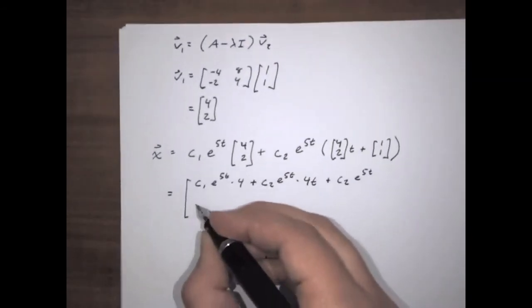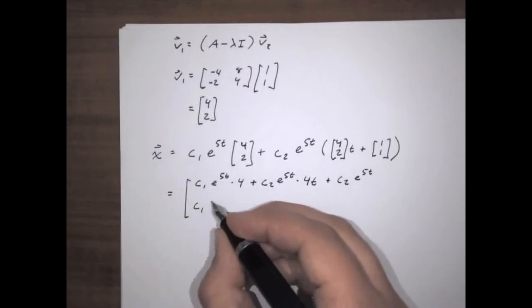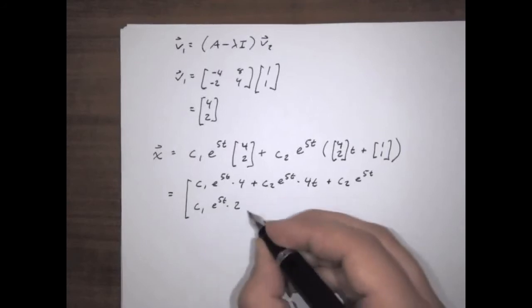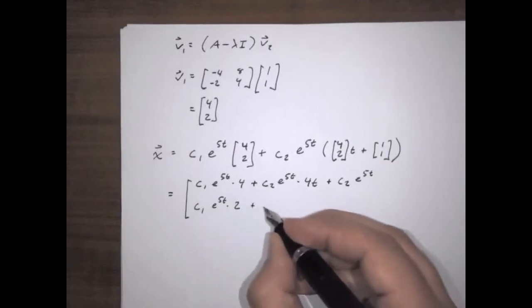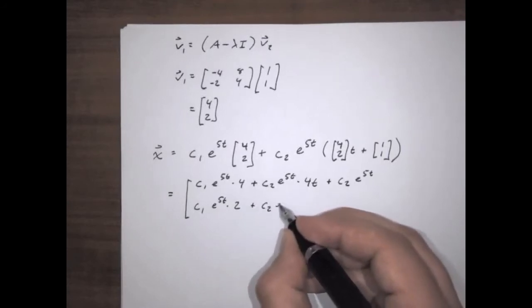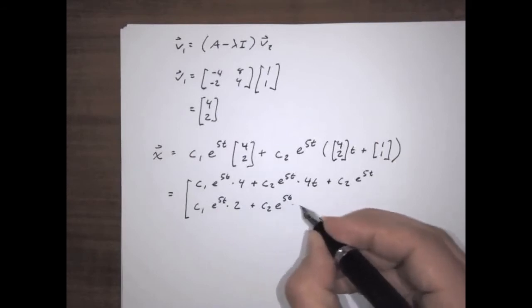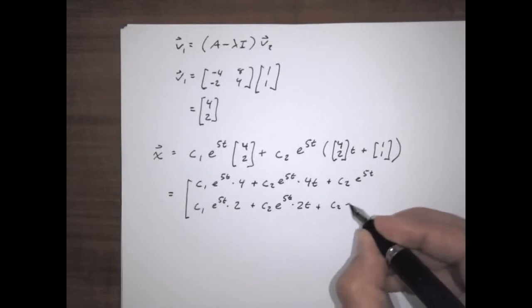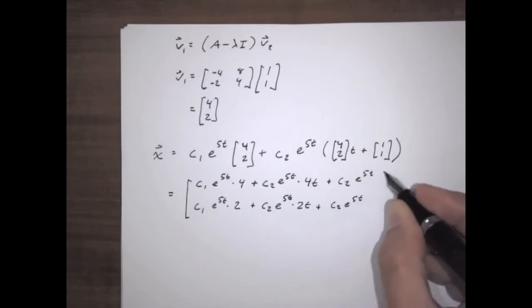And then down here, the same things, C1 e to the 5t times 2 plus C2 e to the 5t times 2t plus just C2 e to the 5t.